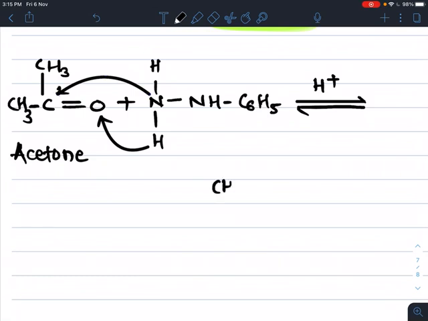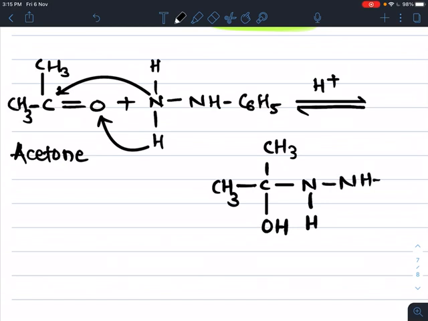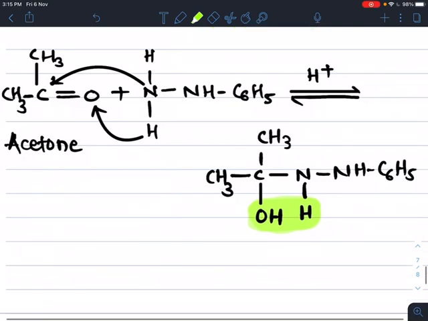What addition product do we get? This CH3CCH3 as it is, the oxygen is converted into an OH group and the double bond is converted into a single bond, with NHC6H5. This is the addition product. Addition of NH to NHC6H5 takes place. Now elimination takes place in the second step. Elimination of water takes place and we get the final product.